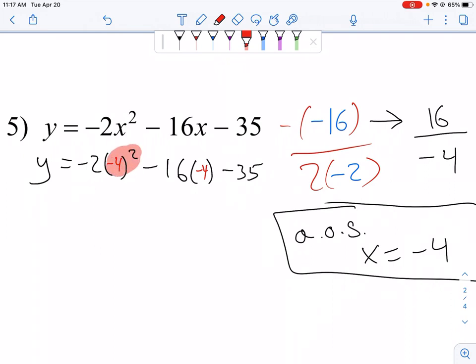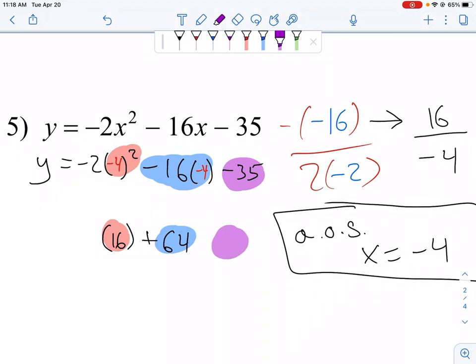So I'm going to square this number first and write my answer there. So negative 4 times negative 4 is positive 16. I could also multiply these two together, negative 16 times negative 4, which is going to make a positive 64. In purple here, negative 35 isn't changing, so I'm going to just bring down my negative 35.